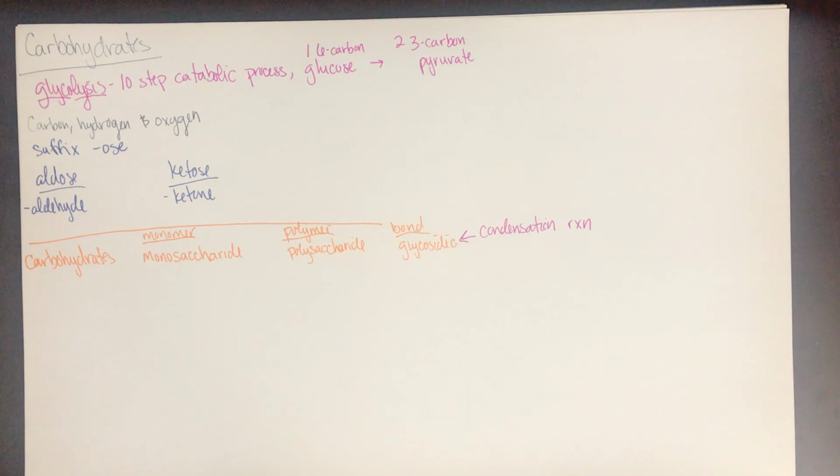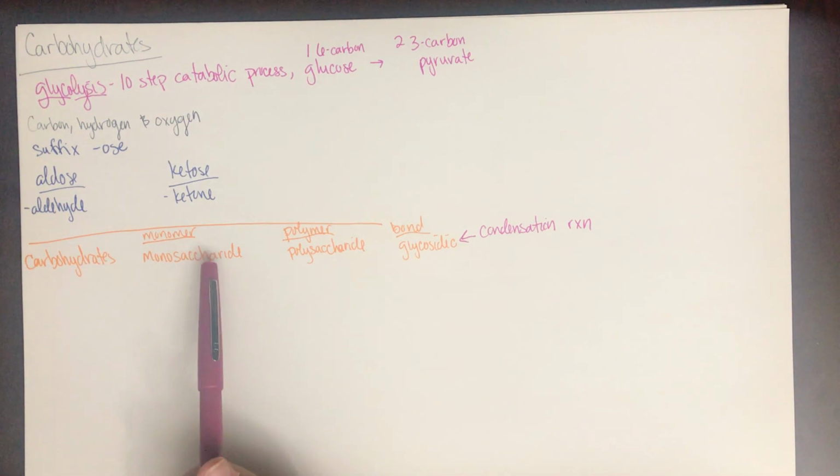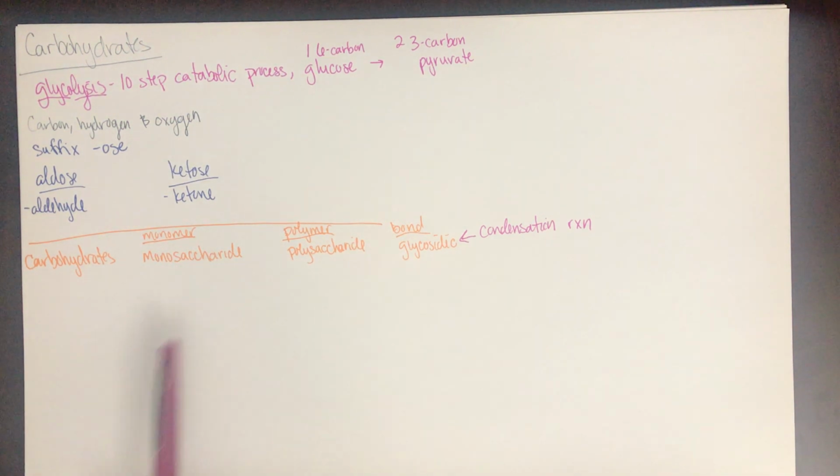It forms this glycosidic bond between 2 individual monosaccharides to form either a disaccharide or a trisaccharide. So a water is removed, and then we form what's called a glycosidic bond.